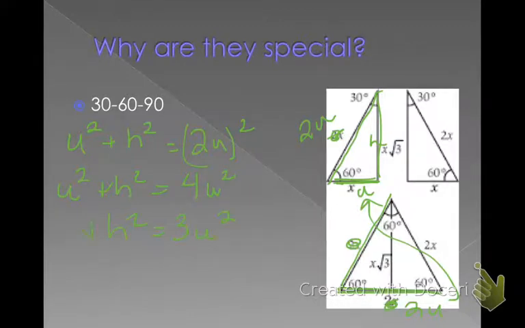And then when we take the square root of both sides, we'll get H equals, well, we can take the square root there, but we can't take the square root of 3. So we'll always get that relationship of U root 3 for that height. And by the way, this side, which I will refer to as the long leg, is always across from the 60-degree angle. The U side is always across from the 30-degree angle, and the 2U is the hypotenuse.